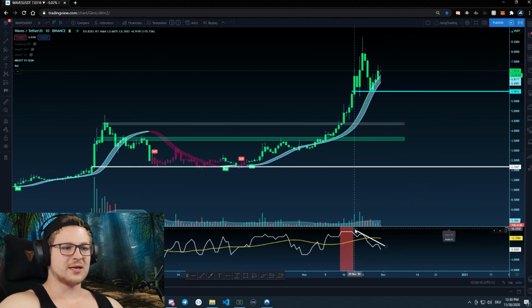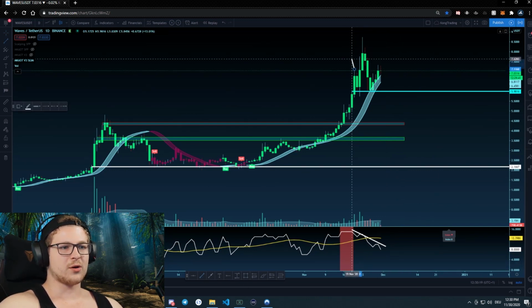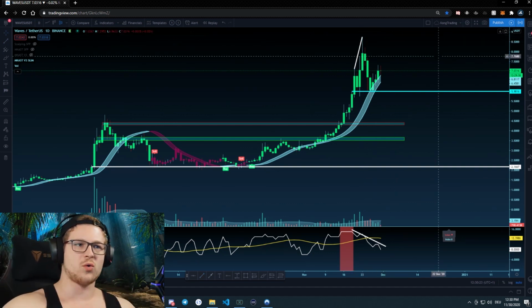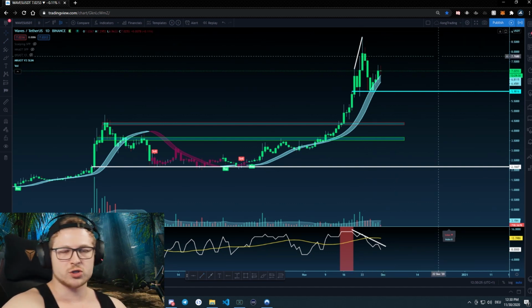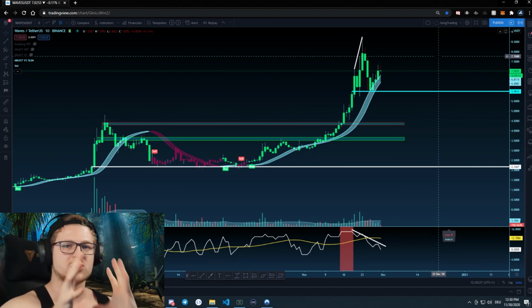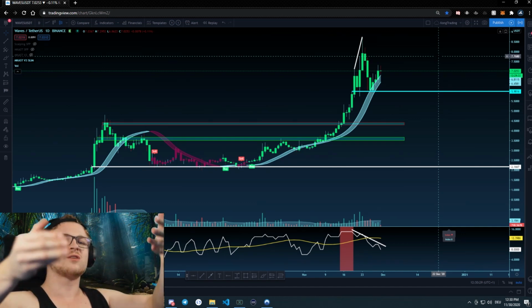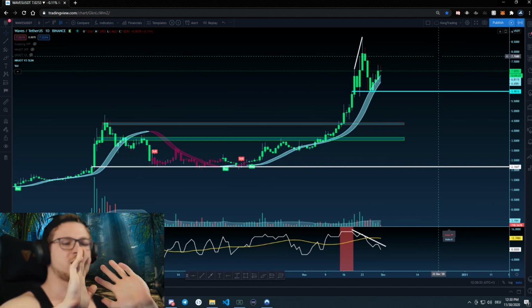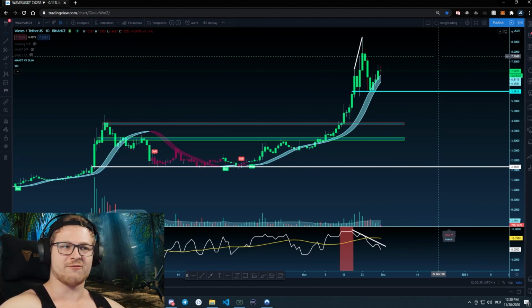So if this indicator is going down and we're creating lower highs on the indicator, but during this time right here, we are creating higher highs on the chart, this is showing a strong bearish divergence, and this is always a sign to simply de-risk, to take some profits.